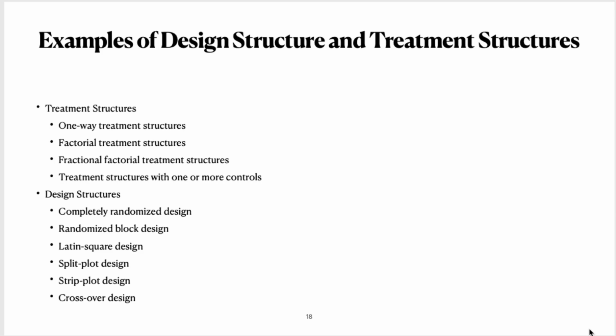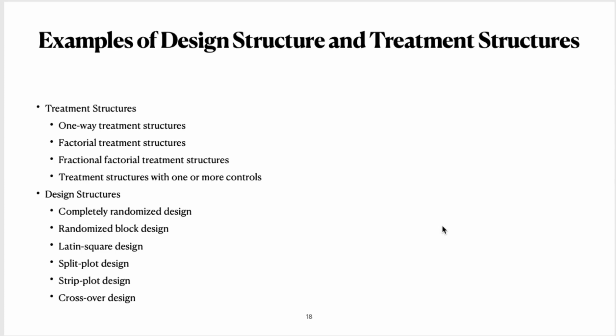Now, associated with any of these kinds of treatment structures, we could also have one or more controls, and when we talk about the controls, they are outside of the other combinations, so outside of that factorial treatment structure. So those are examples of common treatment structures.